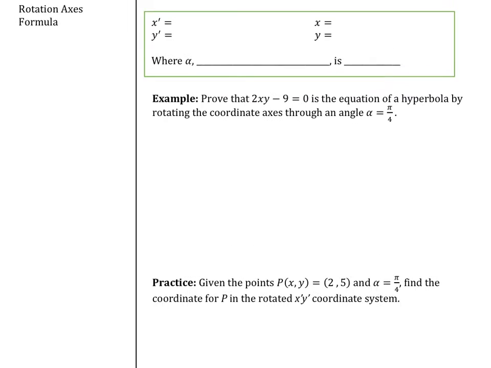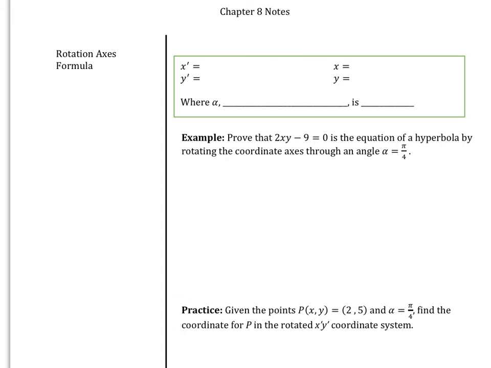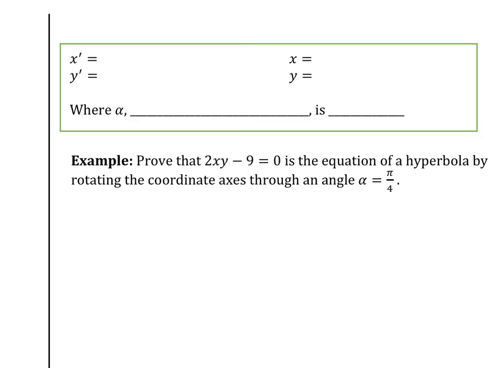Okay, now we're actually going to rotate it, and this is a little bit more involved, so I'm just going to give you the formula instead of proving it. The x prime equation is x cosine alpha plus y sine alpha.